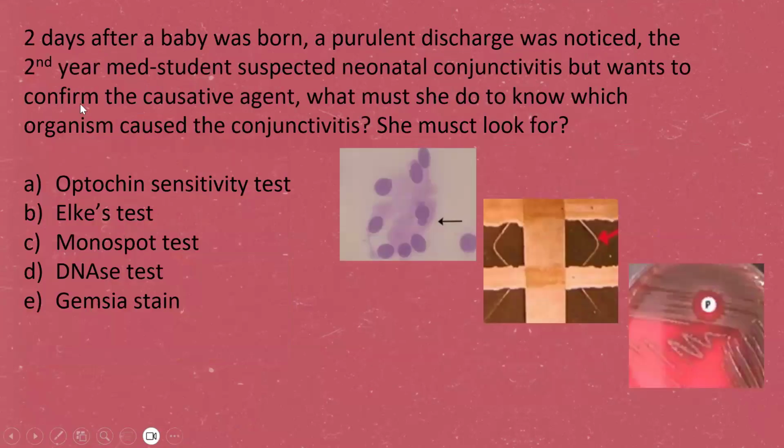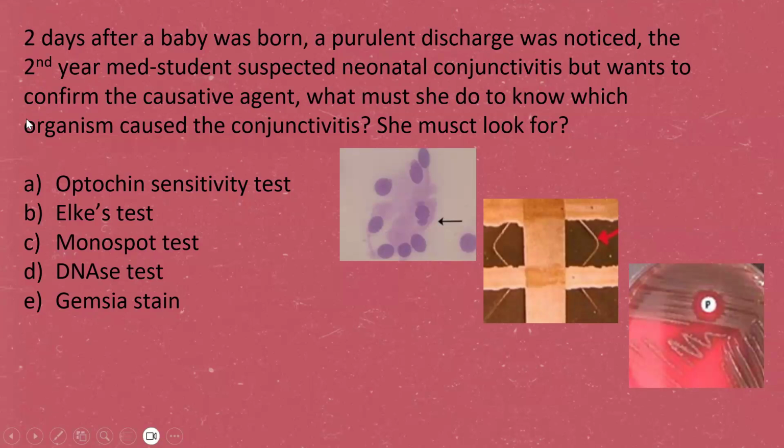Two days before, a baby was born, a purulent discharge was noticed, and the second-year medical student suspected neonatal conjunctivitis but wants to confirm the causative agent. What must she do to know which organism caused it? So, 2 days after the baby was born. This is confusing here because we said 1 to 2 days will be Neisseria gonorrhoeae, but 2 to 25 days will be chlamydia types D to K. So it's exactly 2 days.